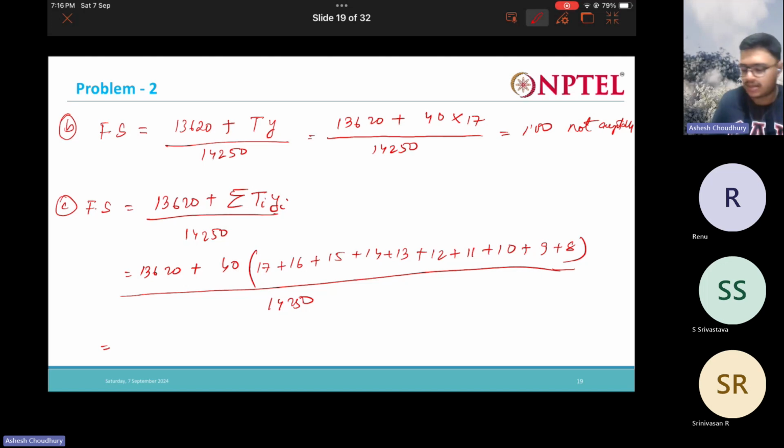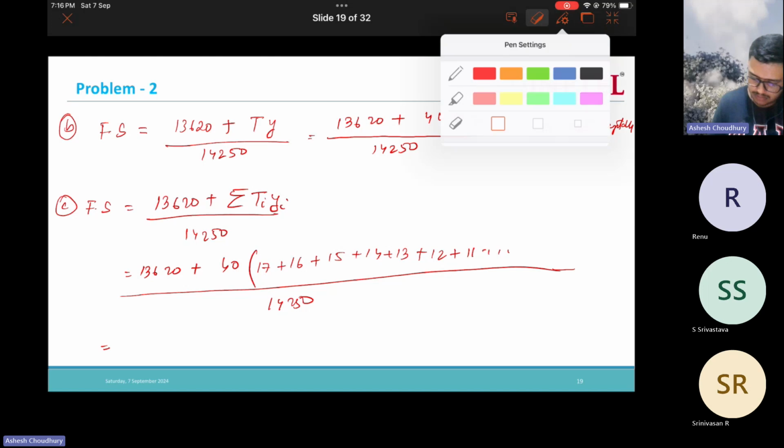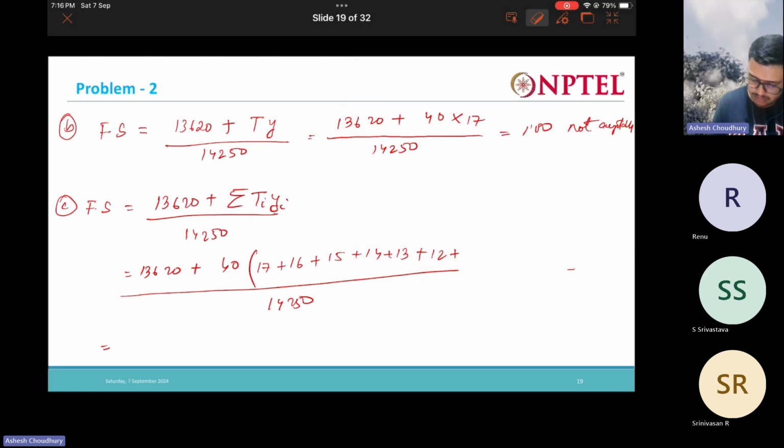Do this, calculate this while I erase all the stuff. Try to calculate this, please. One, two, three. Try to calculate.